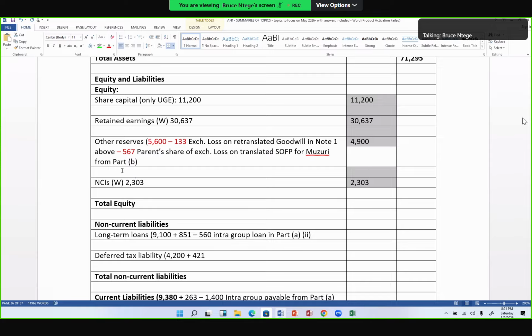Okay, then plus 2303. My figures dropped off. So 11200 plus 30637 and plus 4900 and plus 2303.